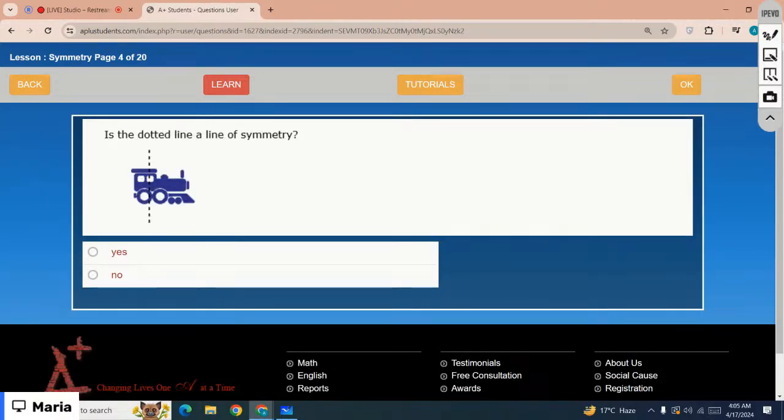Is the dotted line a line of symmetry? The correct option is no, this isn't a line of symmetry.